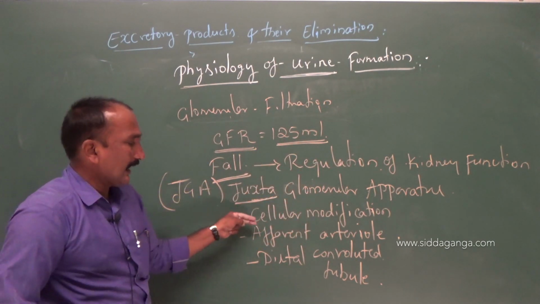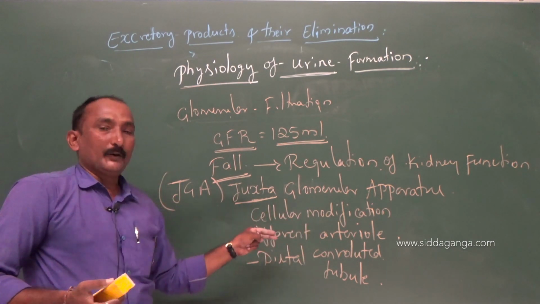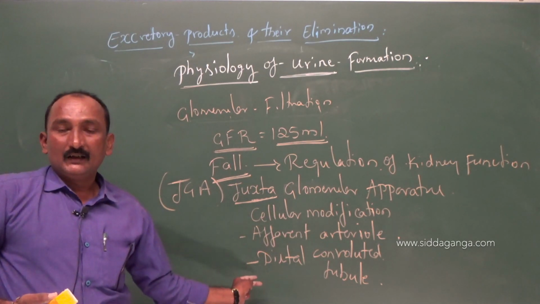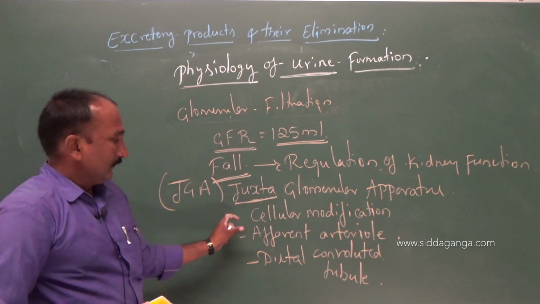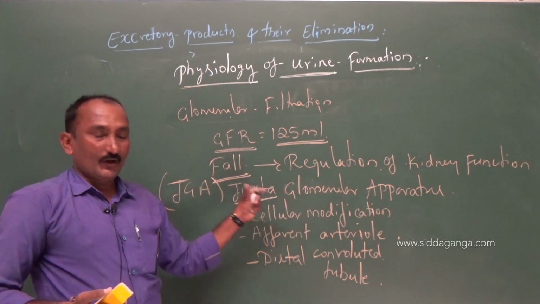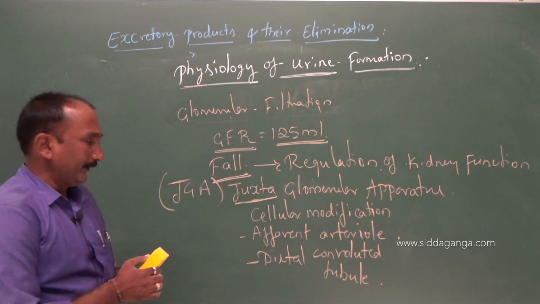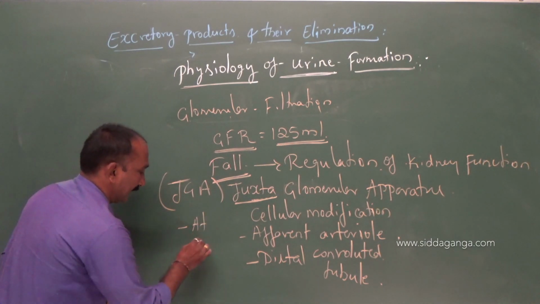Then the distal convoluted tubule is the part that carries the filtrate to the collecting duct. These two, the cellular modification of the afferent arteriole and the distal convoluted tubule, are at the point of contact.